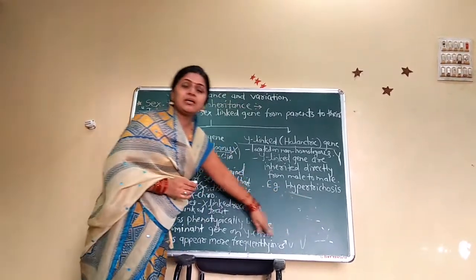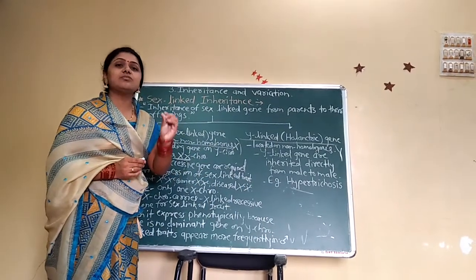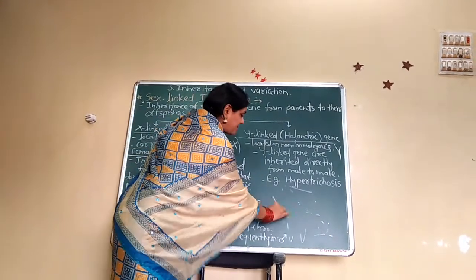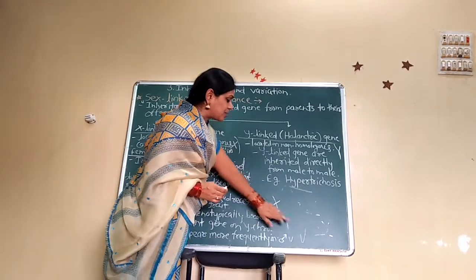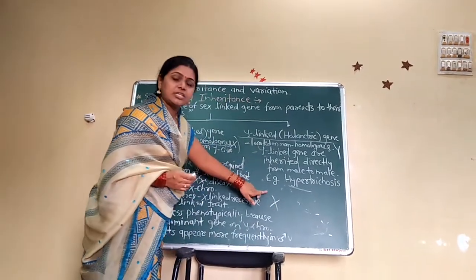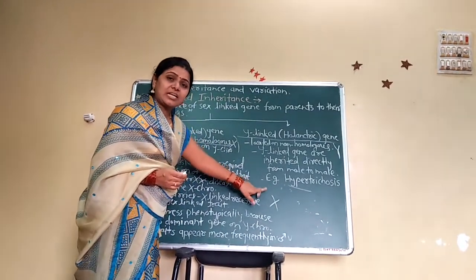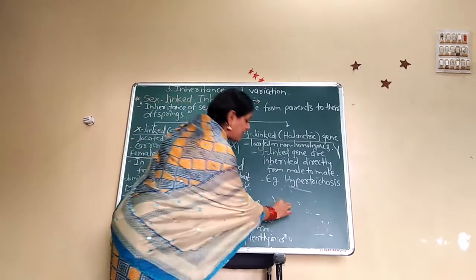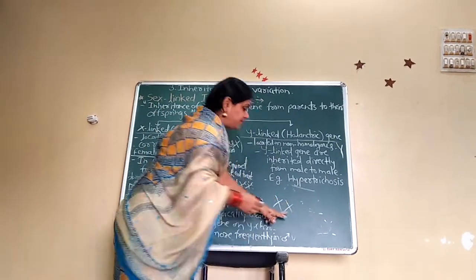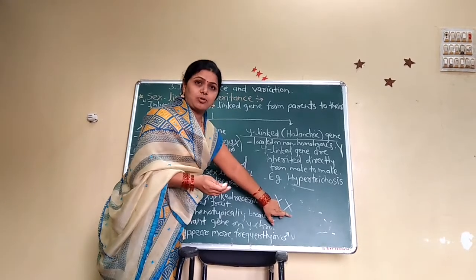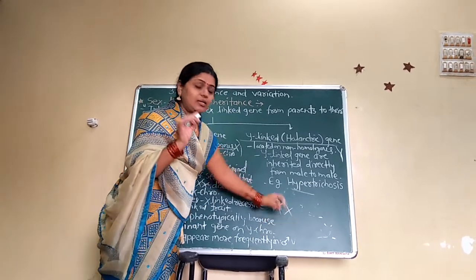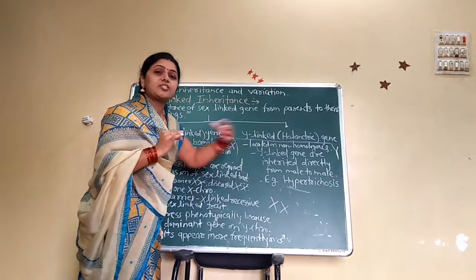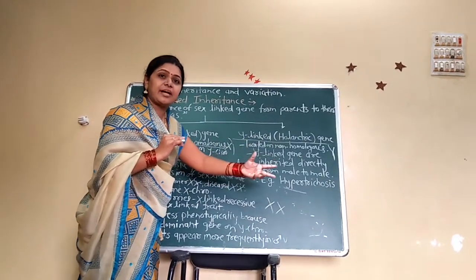One recessive gene is present on one X chromosome, in the non-homologous region, and the corresponding recessive gene is present on the other X chromosome, and both express their trait.